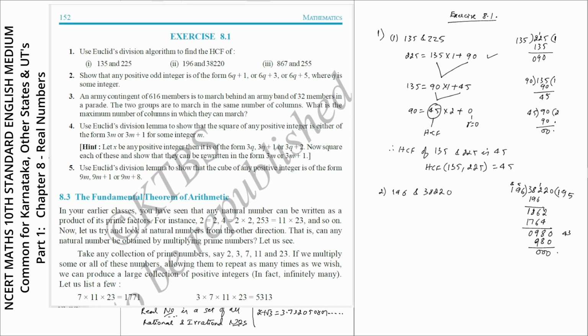So 38220 I can write as 196 into 195 plus 0. So here in the first step only I am getting remainder 0. Therefore I'll conclude this 196 as HCF.